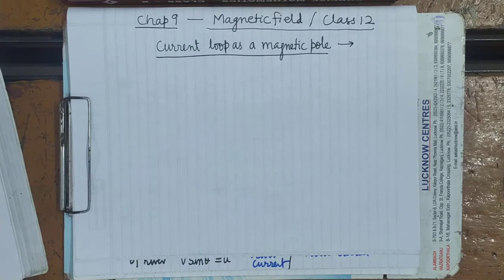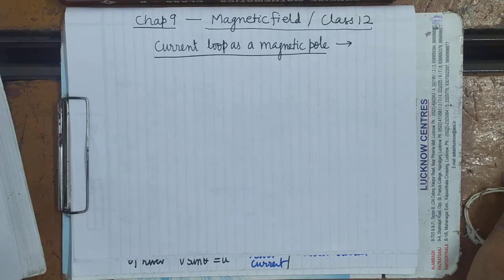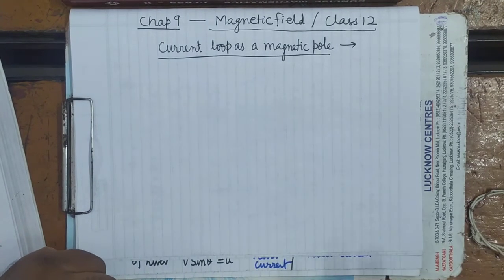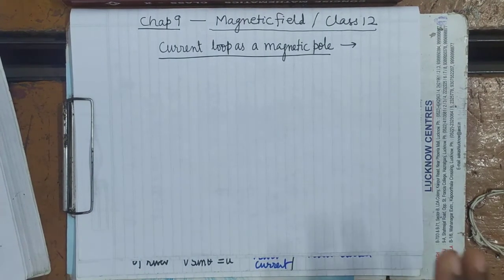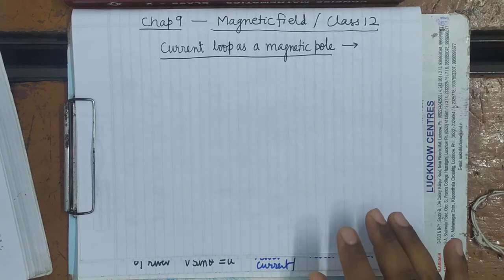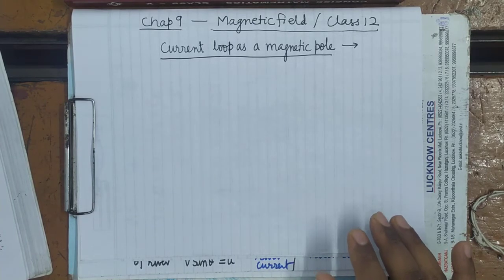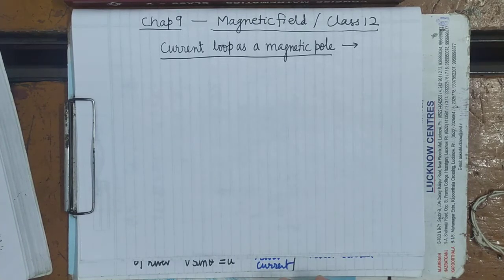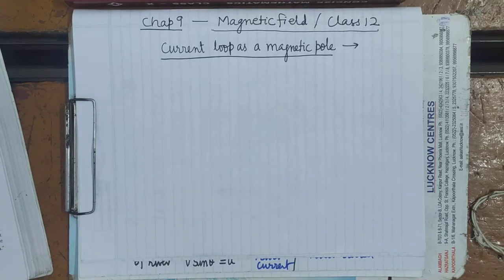It's clear? All of you remember this thing, that every current carrying conductor produces the magnetic field, but every current carrying conductor is not a magnetic dipole. For example, toroid, it is an endless solenoid. It is producing magnetic field inside the toroid, but it is not a magnetic dipole.